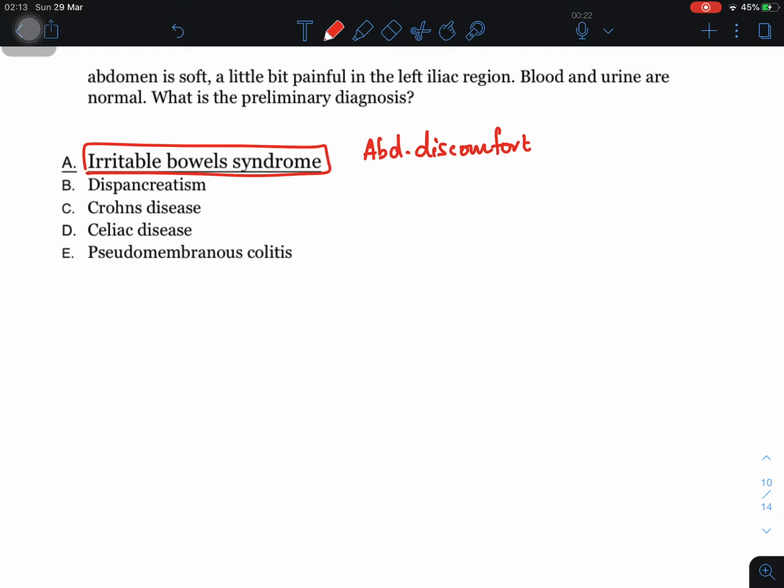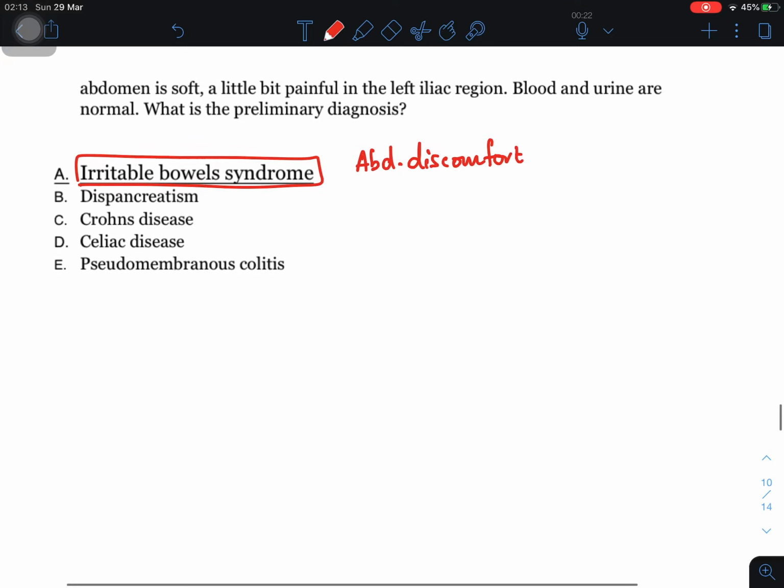Abdominal discomfort in the sense of a feeling of bloating, feeling of meteorism. Meteorism means gas in the abdomen, gas in the intestine. Feeling of bloating, feeling of meteorism, feeling of fullness, and feeling of some sort of pain in the intestine. All of this includes abdominal discomfort.